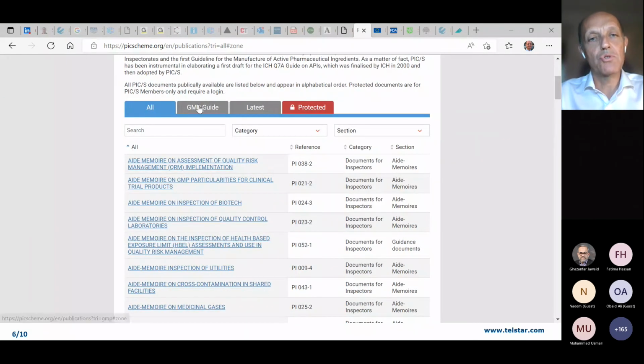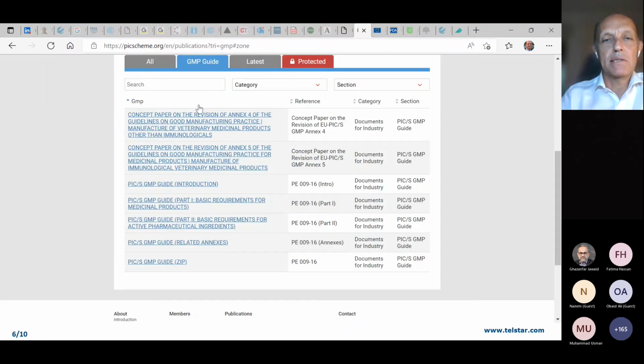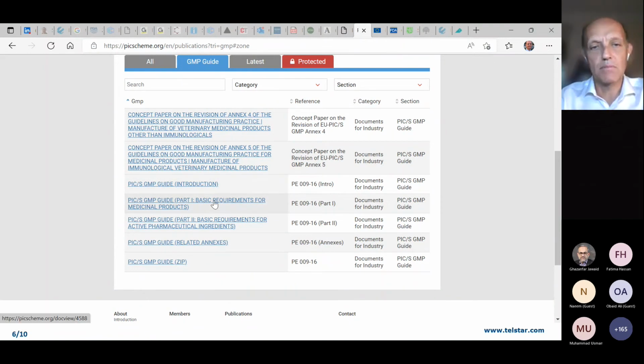And the point that I wanted to show is the GMP guide. If we get into here, we have the regulation that shall be followed by any PIC country. You have different documents, but there are three main things important to mention. We have Part 1, the basic requirements for medicinal products. We have Part 2, which is for APIs, active pharmaceutical ingredients.